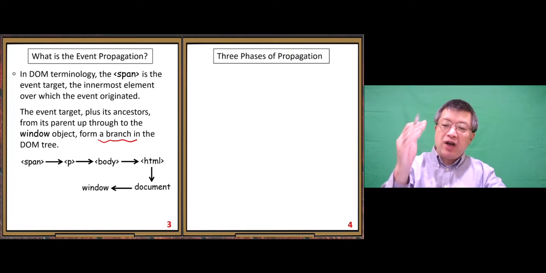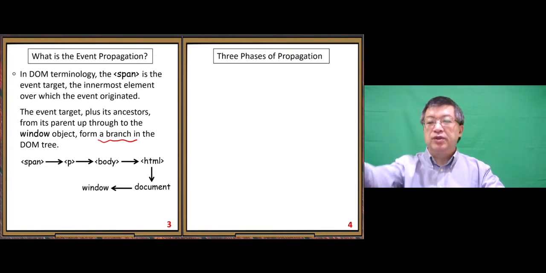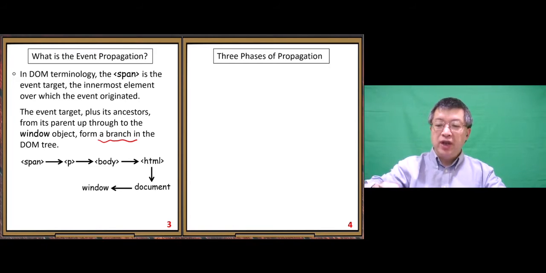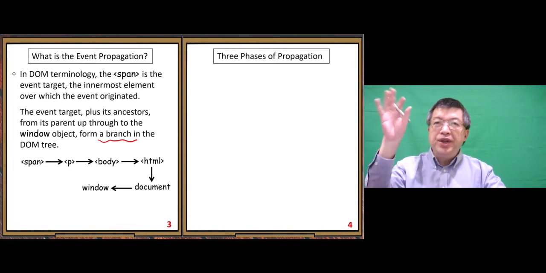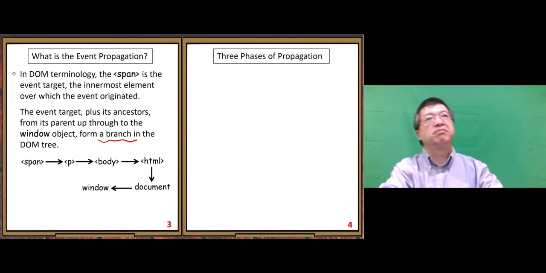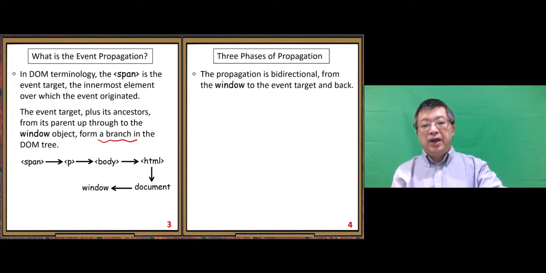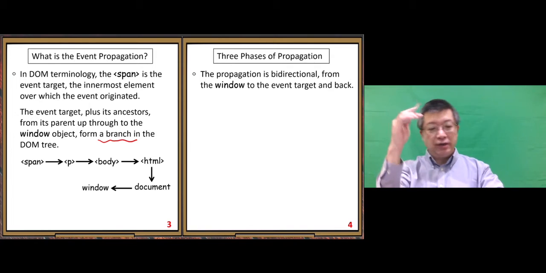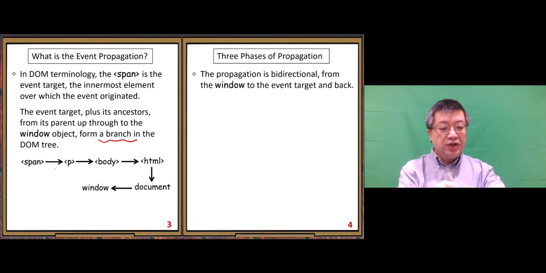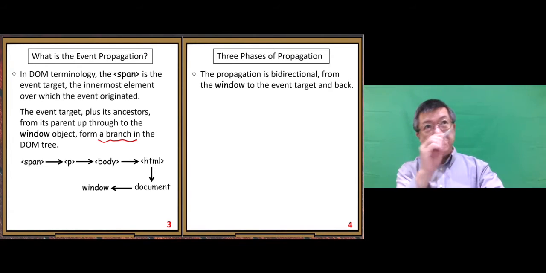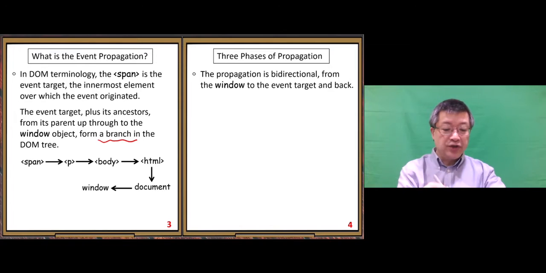Three phases of propagation. When we talk about this propagation, we divide it into three different phases related to this branch. The propagation is bi-directional, two directions, because you need to process along this branch.